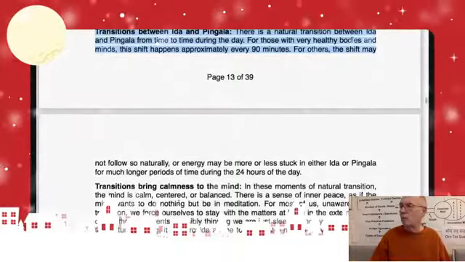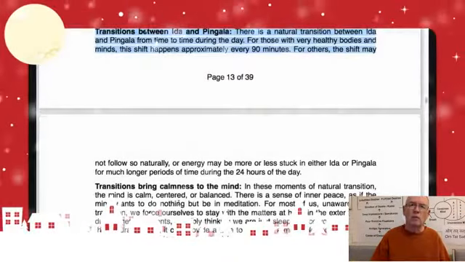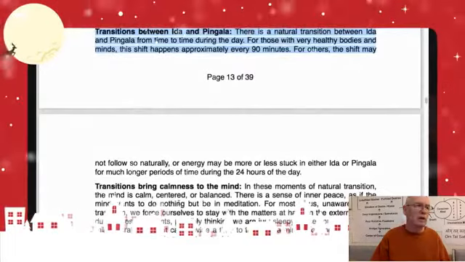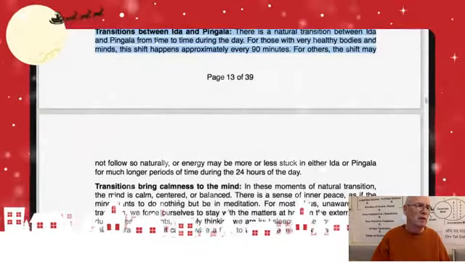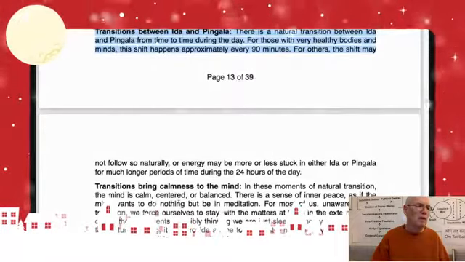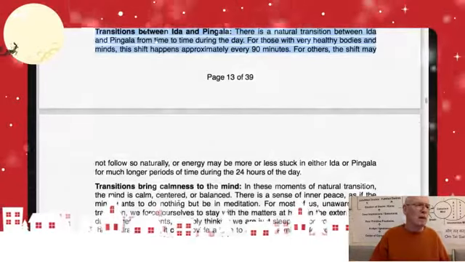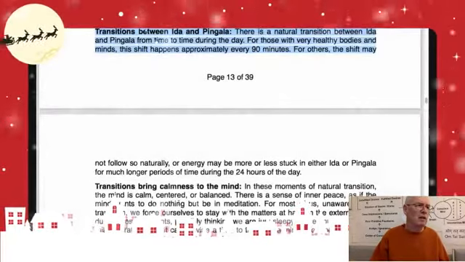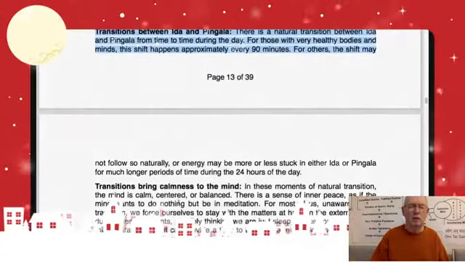If you have it happen during the day and you notice it shift, you probably notice that the mind becomes very calm and you just want to take a break from your work and you want to sit for meditation. It's a nice little bonus time right in the middle of that shift from one to the other. It's like you get a free meditation. All we have to do is take advantage of it. Just pause what you're doing and have a minute of silence.